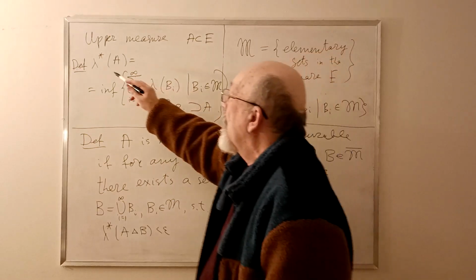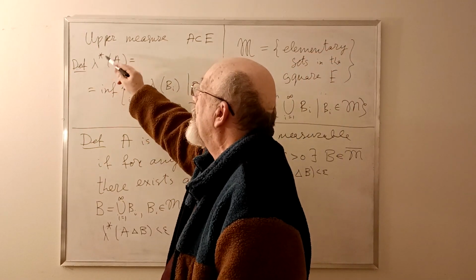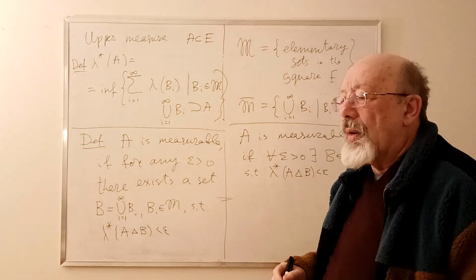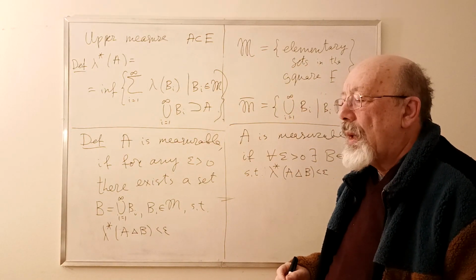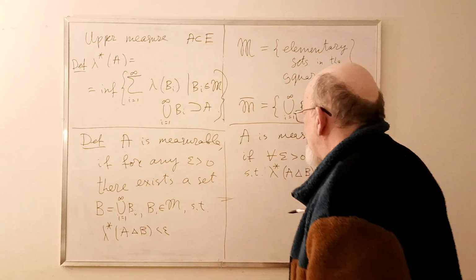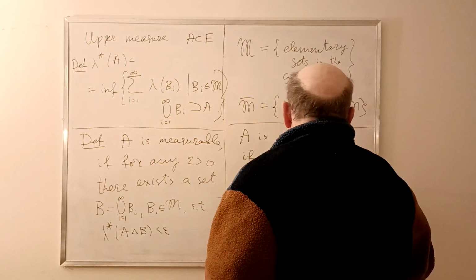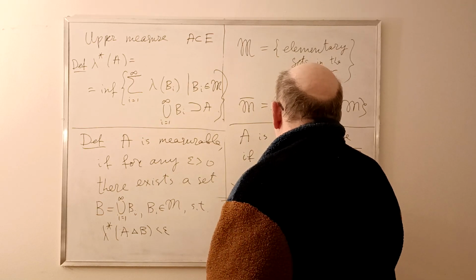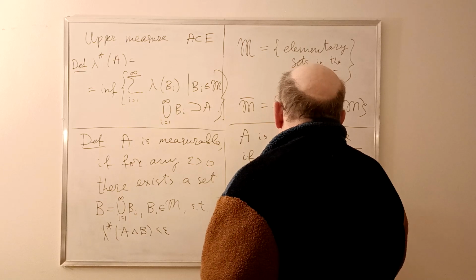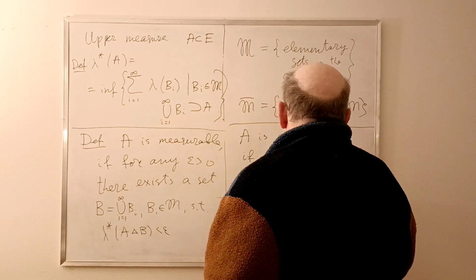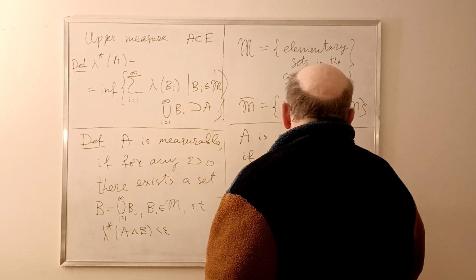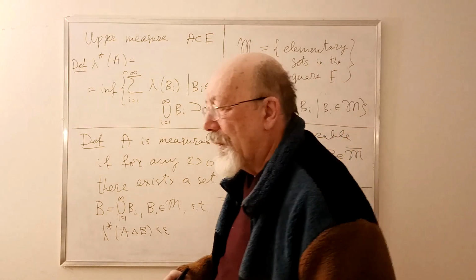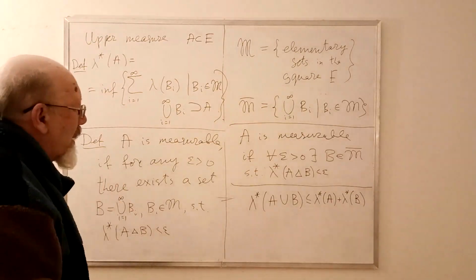The upper measure, lambda star, has the property of subadditivity: lambda star of A union B is less than or equal to lambda star of A plus lambda star of B, which is obvious.